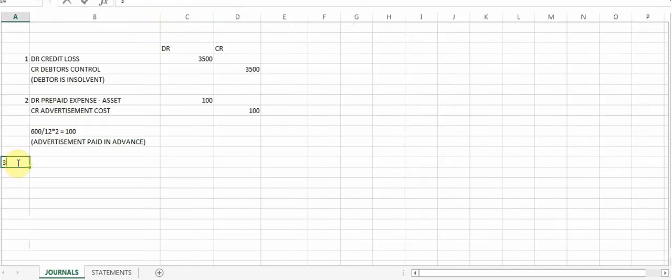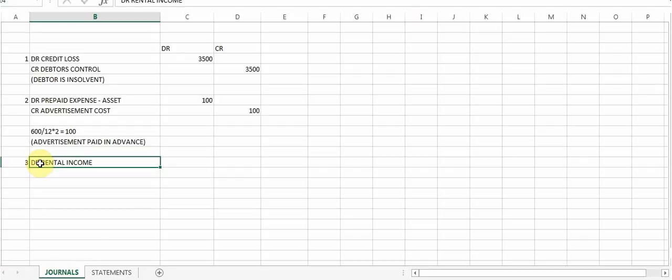How about number 3? In number 3, they say the rental income was received for 14 months. So I'm going to debit the rental income because it's too much. And I'm going to credit the account called income received in advance. So how much? If I look at the rental income recorded there in the trial balance, it's 70,000 and it was for 14 months, of which 2 months was too much.